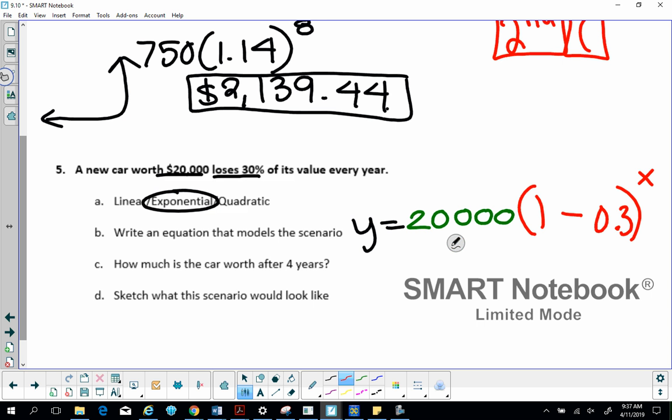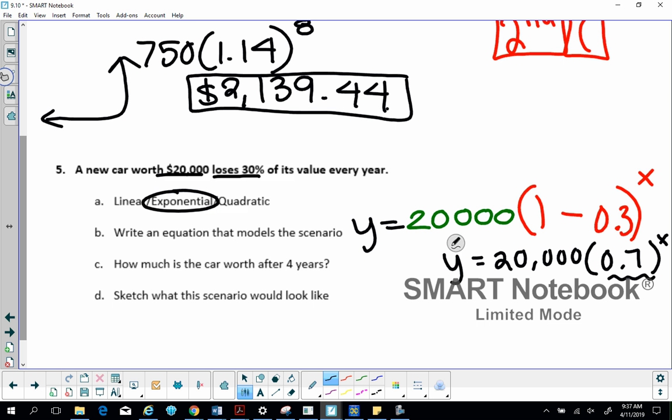So when I write it all together, it would look something like this. What's 1 minus 0.3? We end up getting 0.7, which remember, if it's under 1, I know it's decaying. If it's over 1, it's growing. So remember that for me. How much would it be worth in 4 years? What do you have to do?